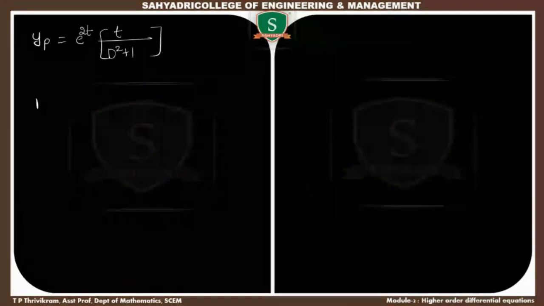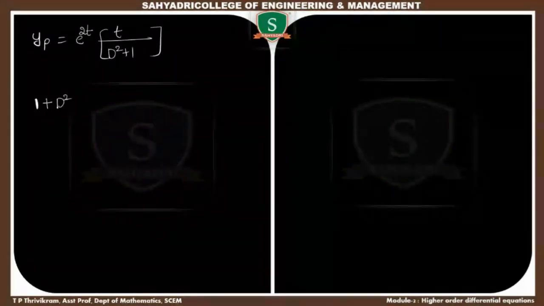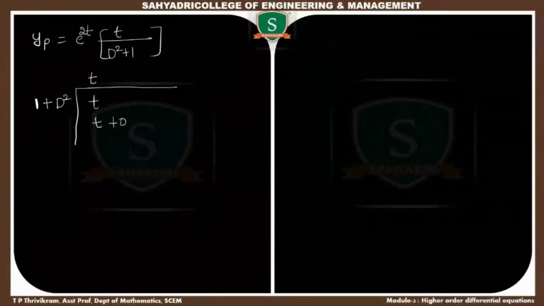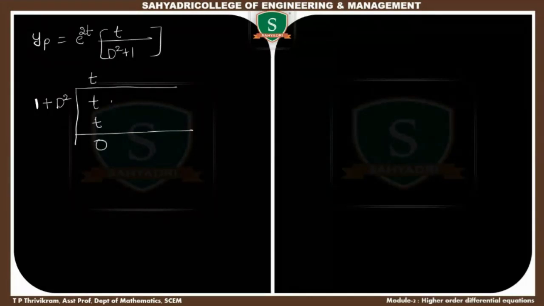This is of type 3. t, first term divided by first term, t divided by 1, it is t, multiplied with this, D square plus 2D, we get 0. So subtract it, and 0 we get.